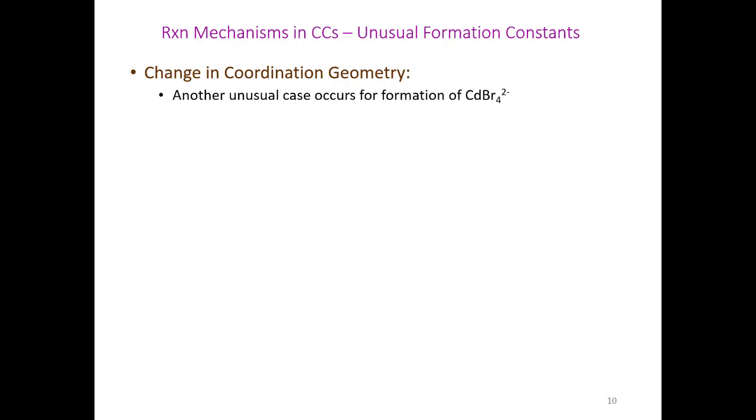Another unusual case of stepwise formation constants is illustrated in the synthesis of tetrabromocadmate(2-). So starting from hexaaquacadmium(2+), if you do 4 ligand substitutions with bromide, you can generate tetrabromocadmate(2-).